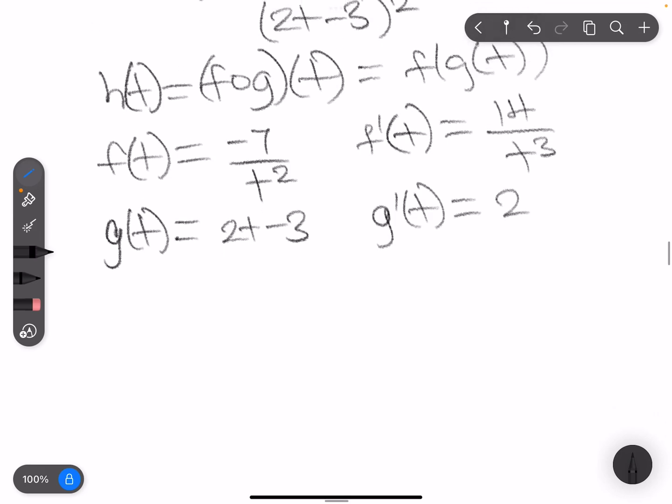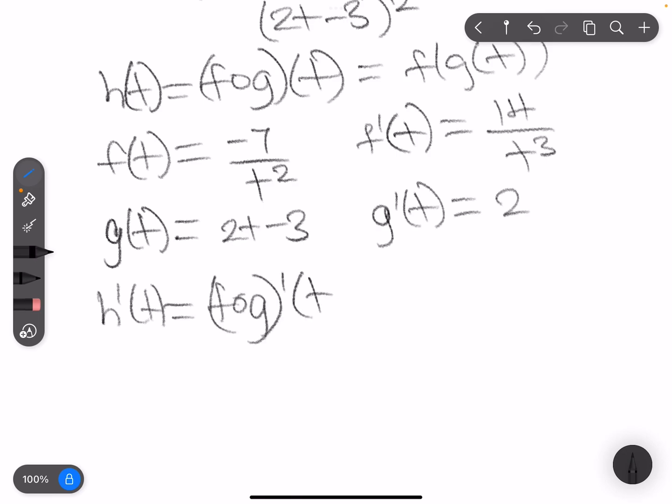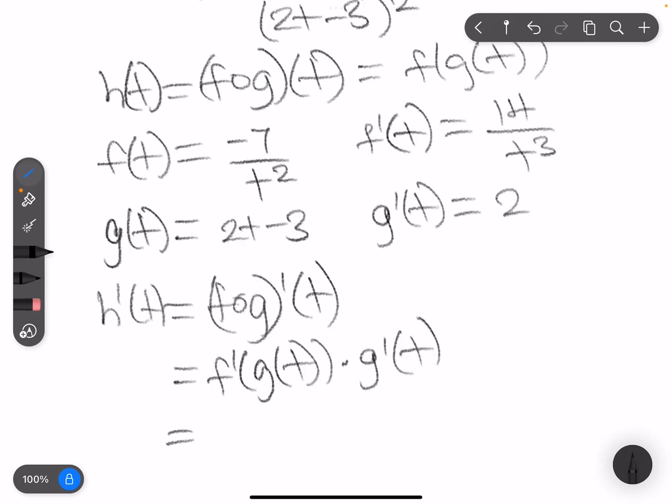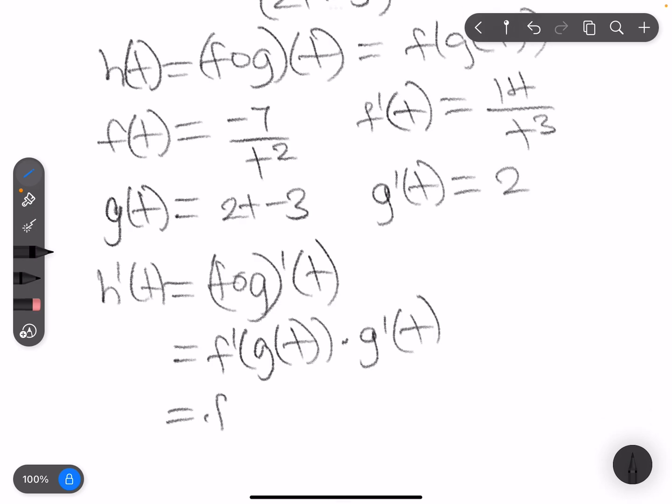So, using the chain rule, we have that h prime of t is f composed with g prime of t, which will be f prime of g of t times g prime of t. So this is going to be f prime of 2t minus 3 times 2.